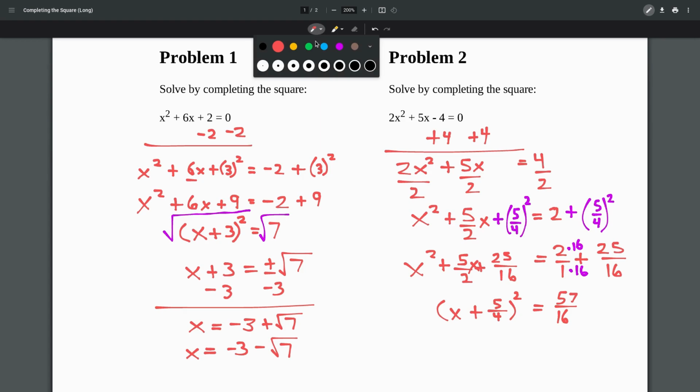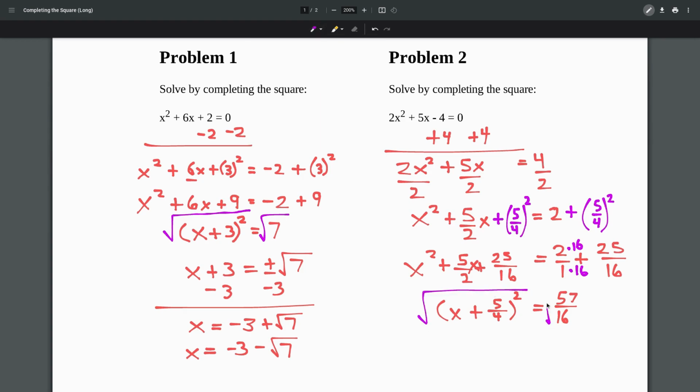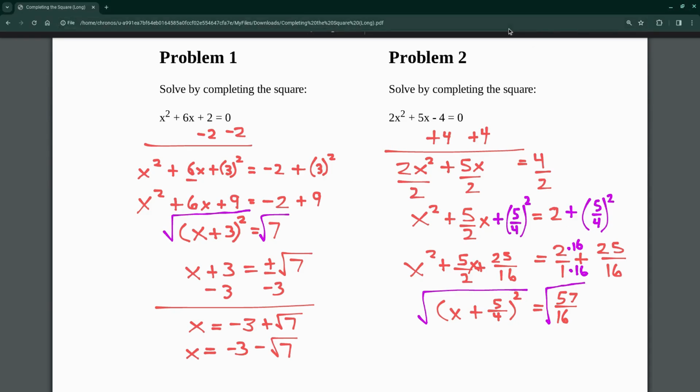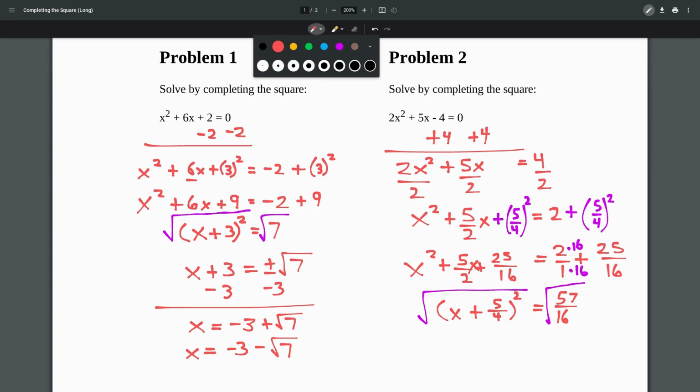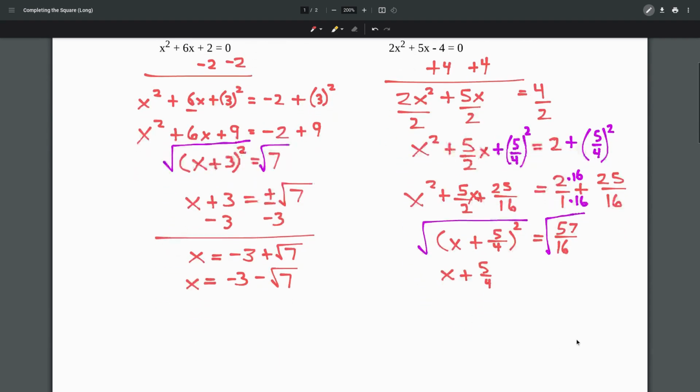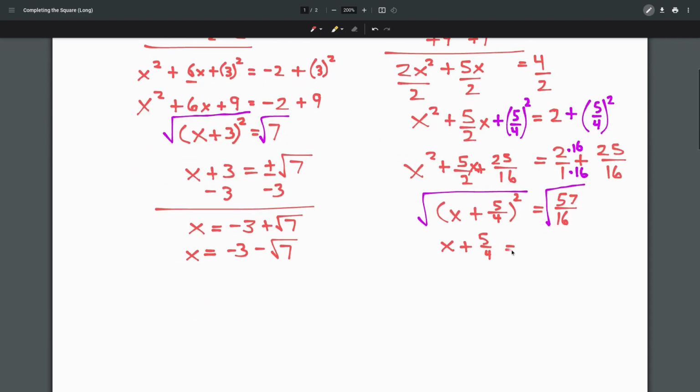Okay, so now what we can do is take the square root of both sides. And on the left-hand side, we'll just get x plus 5/4. And that's going to equal plus or minus the square root of 57 over 4. Okay, so now we've got to subtract 5/4 from both sides.